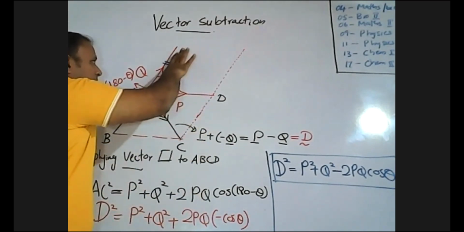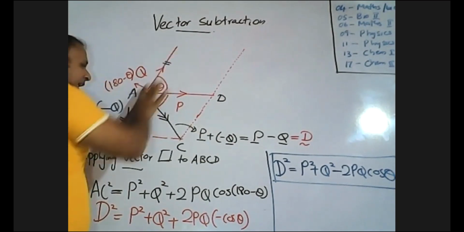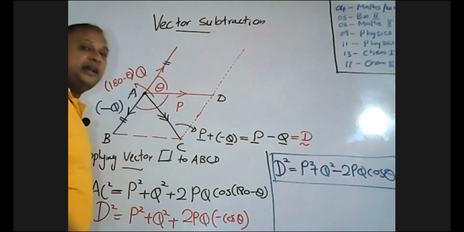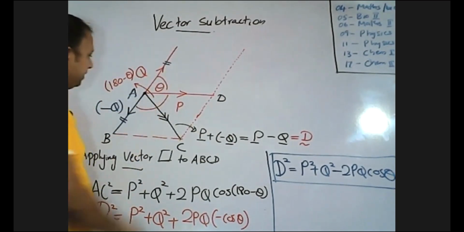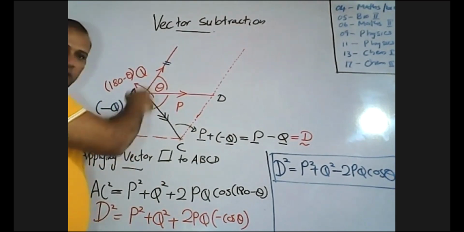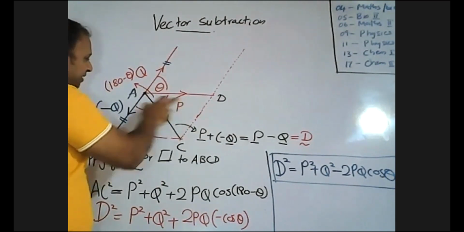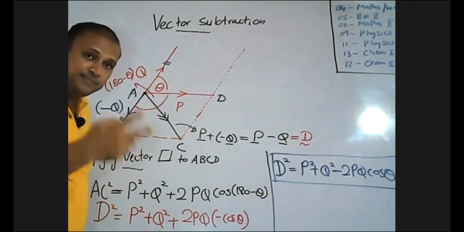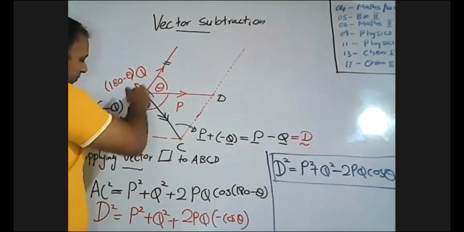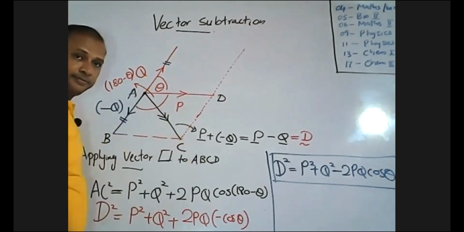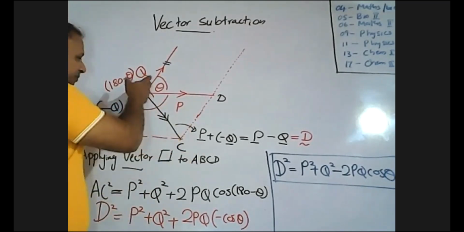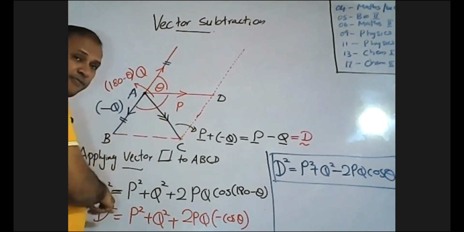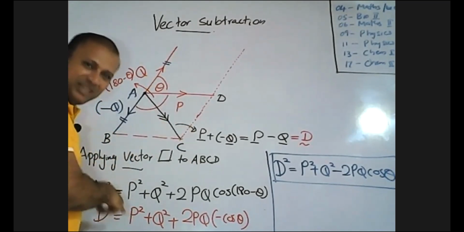You have to draw the same length but in the other direction. Then you will have the minus Q vector. Then you have to add these two vectors. How to add the two vectors? I have to use the vector parallelogram theorem. Therefore, I have to complete the vector parallelogram.